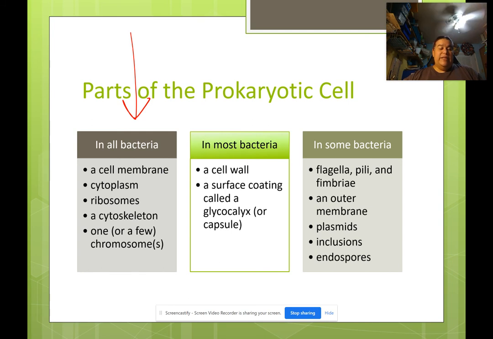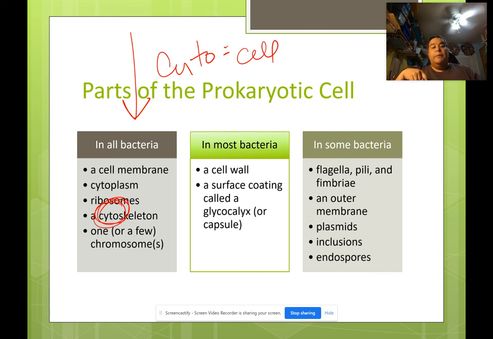We have a cytoskeleton. Just like your skeleton helps to keep your body in the right shape, inside of a cell, which by the way, cyto, that prefix right there means cell, you have structures inside that help that cell to maintain its shape.